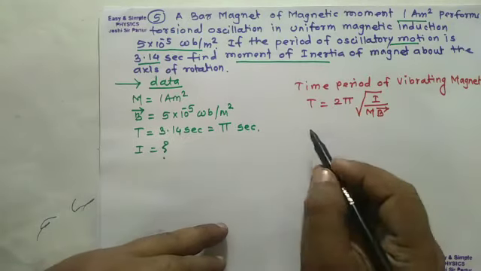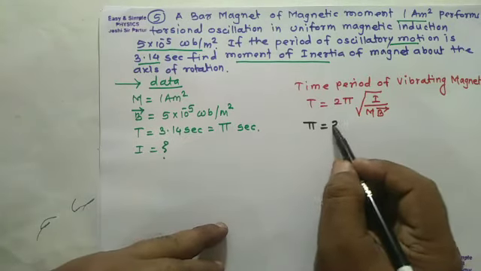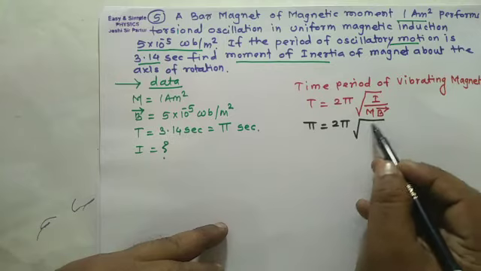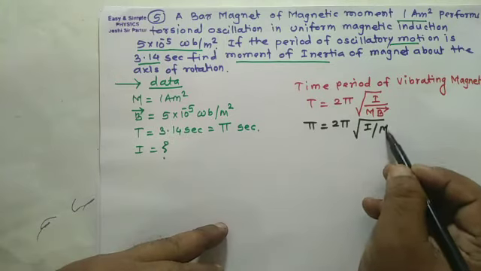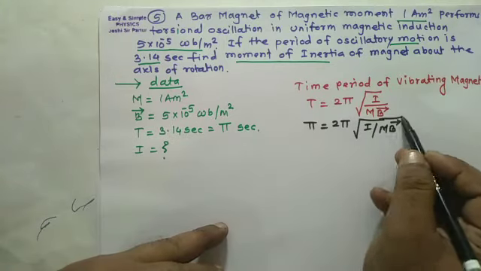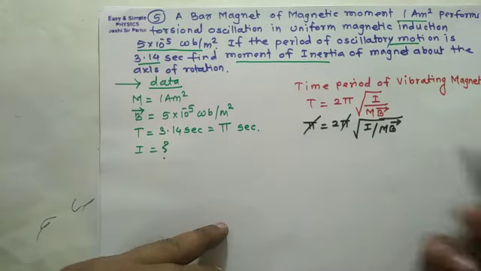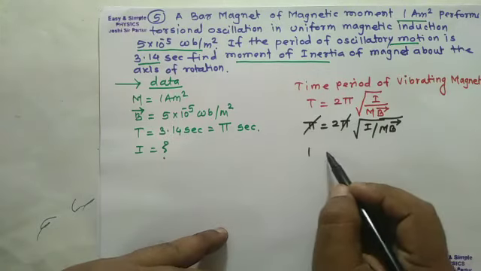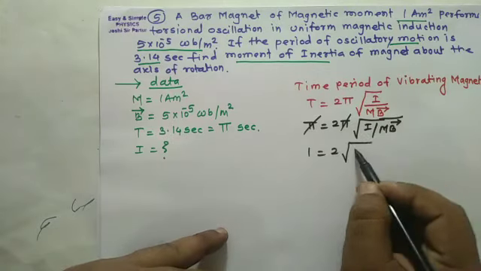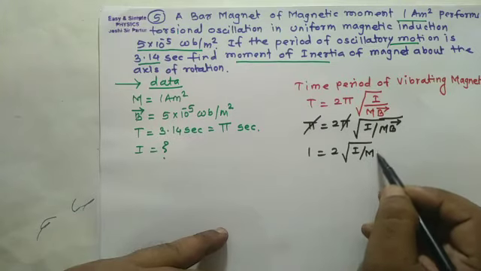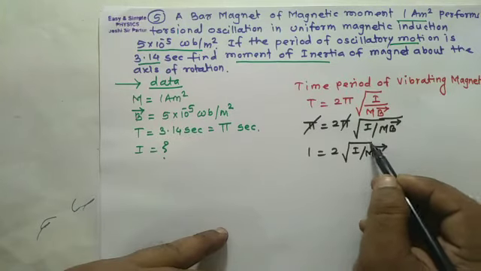Time period will be pi, which is equal to 2 pi square root of I divided by m vector B. Pi gets cancelled. So 1 is equal to 2 square root of I divided by m vector B.